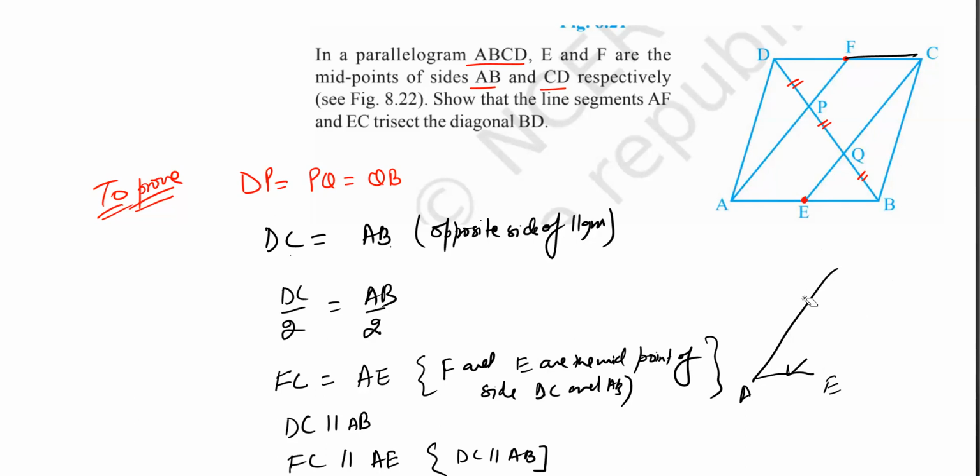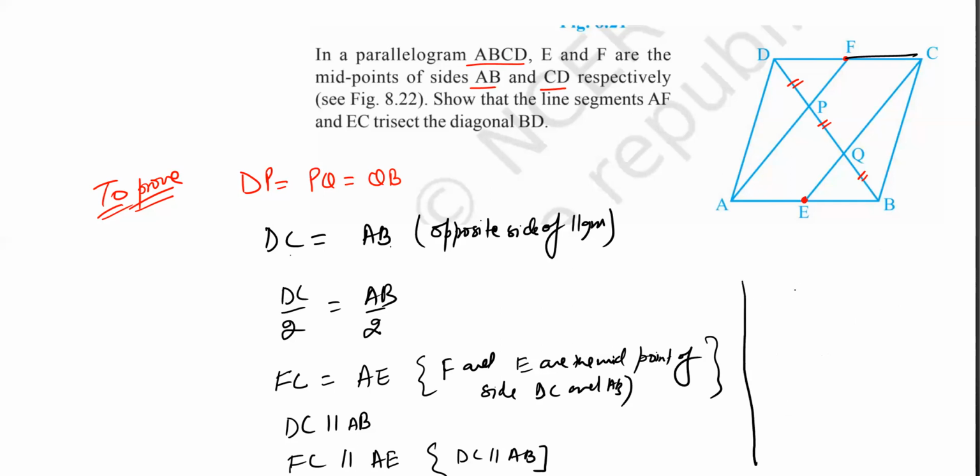Now what we have done: if in a quadrilateral two sides are equal, and this side is also parallel to this side, then if they join together this way, they will form a parallelogram. The same sides we have proved equal, and the same sides we have also proved parallel.